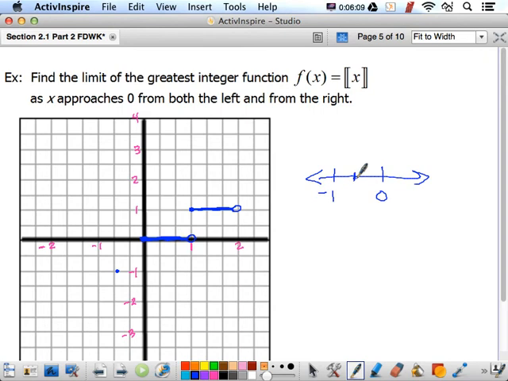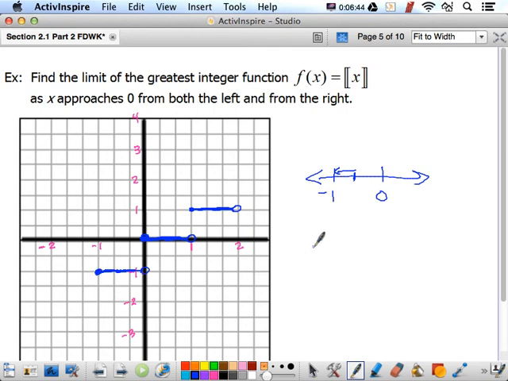If I'm at negative 0.5 and I have to round down, then I have to go to this one. It is weird. So everything between here and here is going to be negative 1. But 0 has already been used up here, so we're going to put an open circle there. And what goes over here? A closed circle, because the greatest integer less than or equal to negative 1 is negative 1.